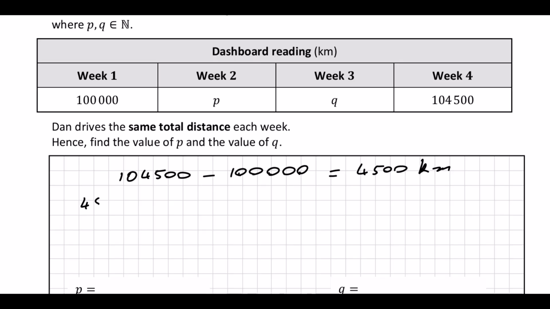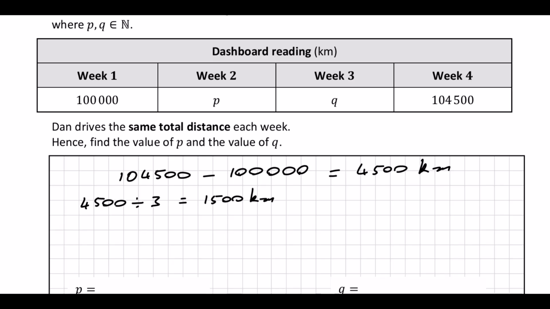So 4,500, divide that by 3, that'll give us 1,500 kilometers. So in other words, we need to add 1,500 kilometers to this to get P, then add 1,500 kilometers to this one to get Q, and if you add 1,500 kilometers to this one, you should get this number here. So it's a good check at the end.